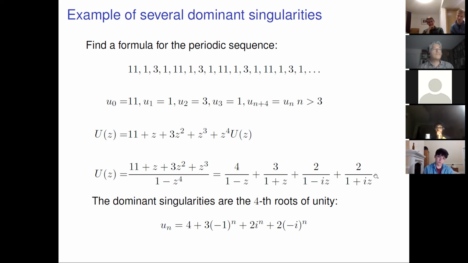In this case, the 4 singularities are the 4th roots of unity: 1, -1, i, and -i, and you get this closed formula. The period was 4, and that's why we get the 4th roots of unity. If you have a periodic sequence with period k, then you get the kth roots of unity.